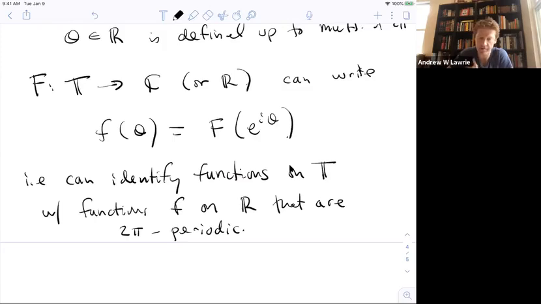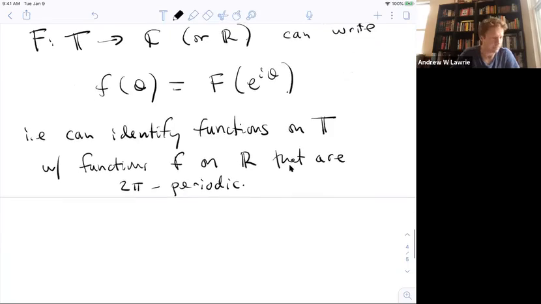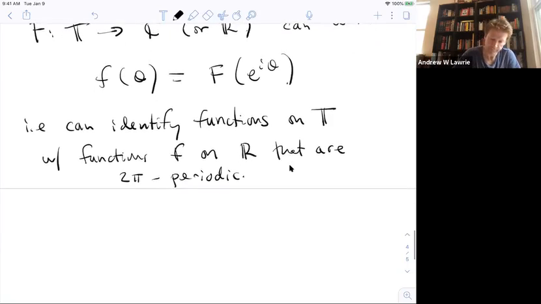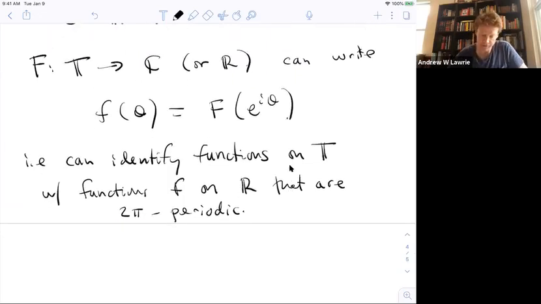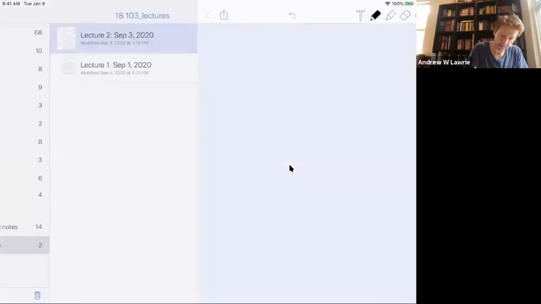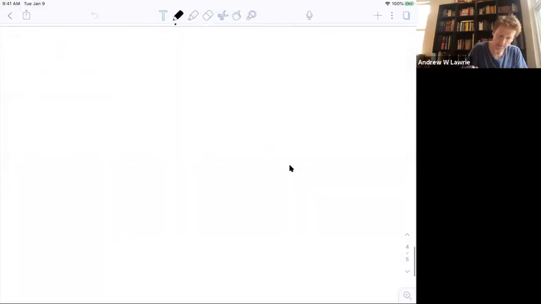If we differentiate little f, we get the derivative of capital F times i times e to the i theta. This is just by the chain rule. All right, so this is functions on the circle, or equivalently functions that are 2 pi periodic on R. And okay, what do I want to say? One class of functions that will come up a bunch are trigonometric polynomials.